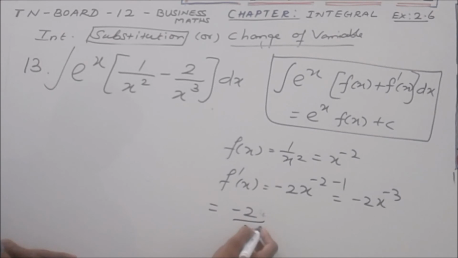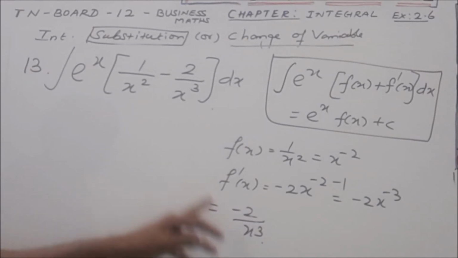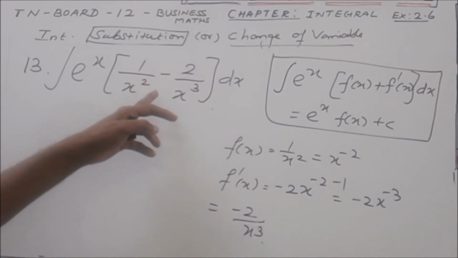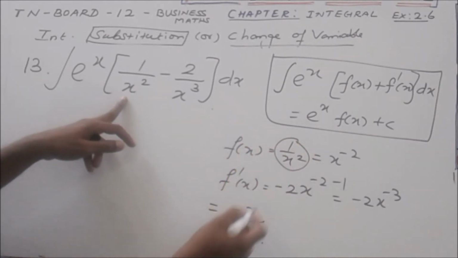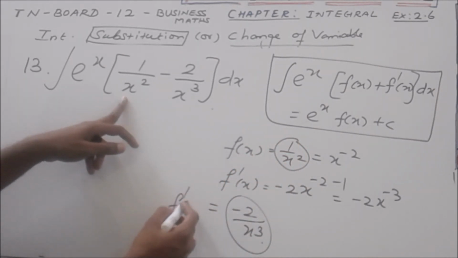So look at the second term within the bracket, that is f dash of x. So this is f of x and the other one is f dash of x.